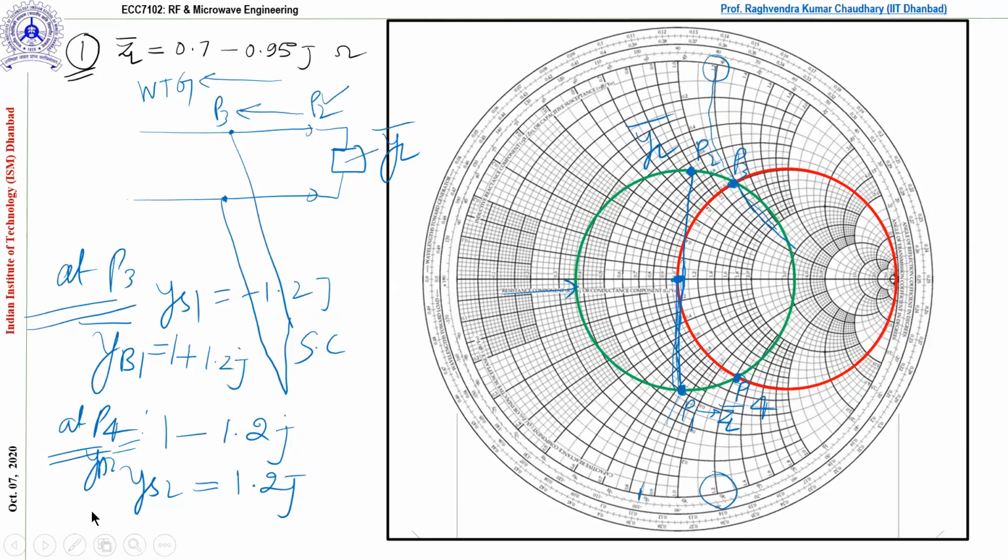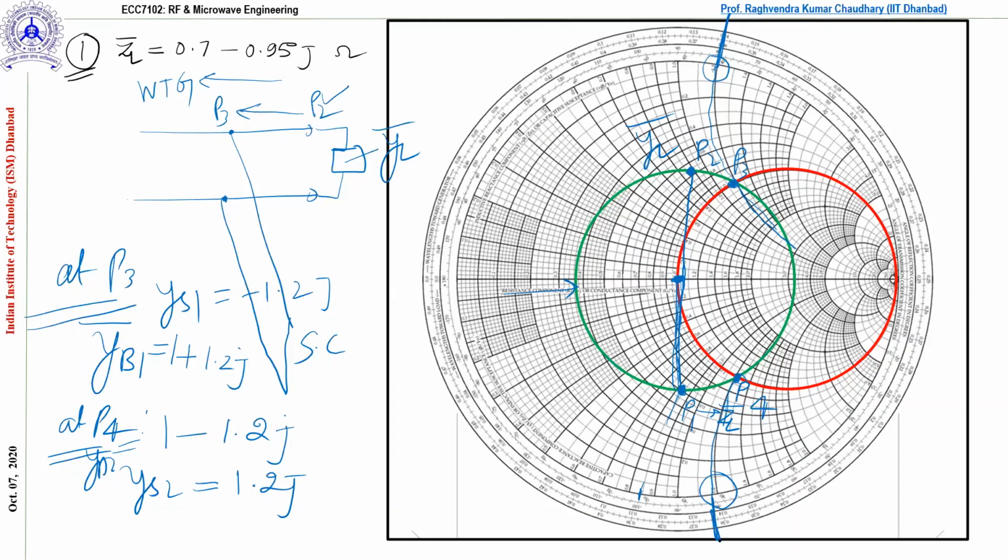Okay. Now what we need to do is find the values on the wavelength towards the generator scale, correct? So now you have to read these values, like this point. This scale you need to read.